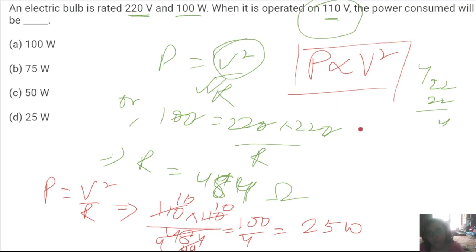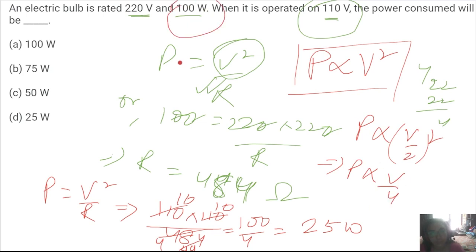So how much will the power be decreased? It will obviously be decreased by 4 times, right? That is what happened, that initially it was 100 watt and then it came to 25 watt. That means that power was exactly divided by 4. It became 1/4. So this you have to remember, that instead of going through so much calculation, you just directly have to remember this equation and apply it.